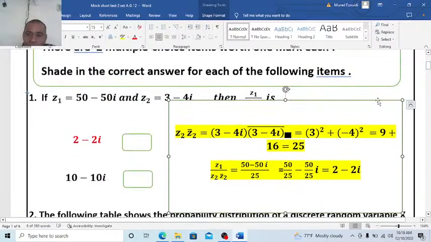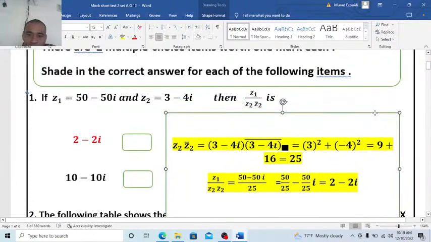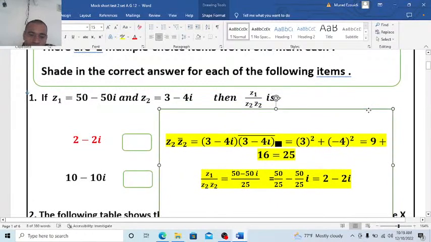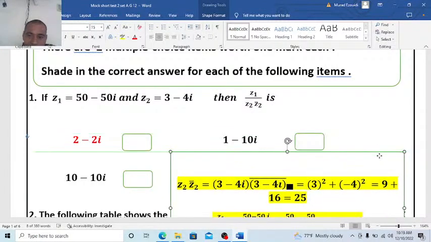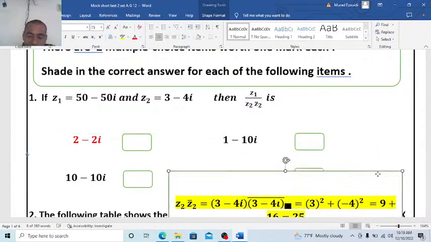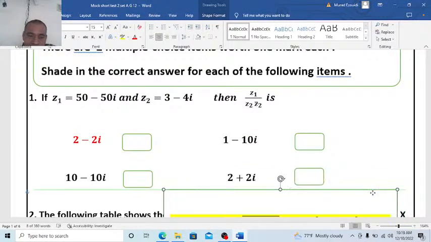Now, my learners, it's better to go to the next question. Those who aren't joining this lecture, I will do it again. If Z1 is 50 minus 50i and Z2 is 3 minus 4i, then what is the quotient?